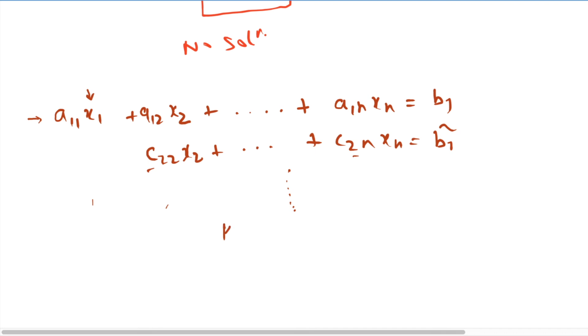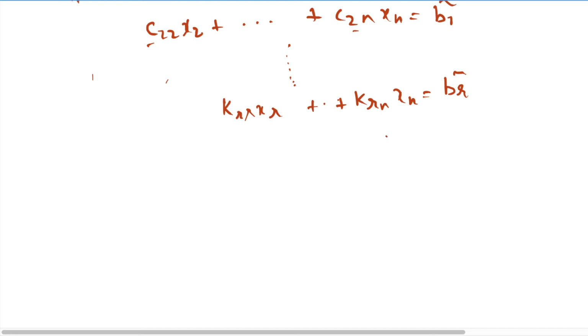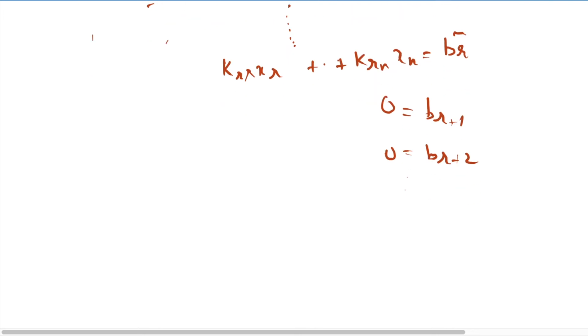So k_rr xr plus dot dot dot plus k_rn xn is equal to br tilde. And then we have 0 is equal to br plus 1, 0 is equal to br plus 2, and so on till 0 is equal to bm.